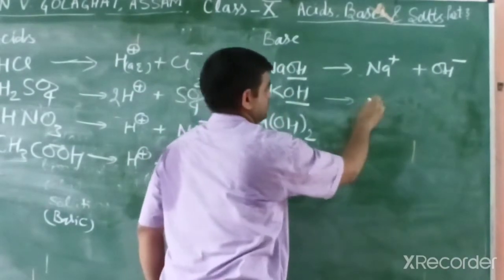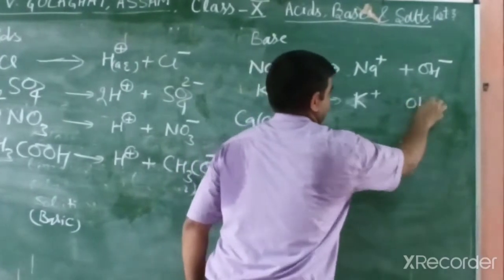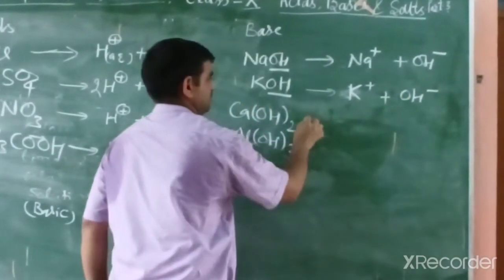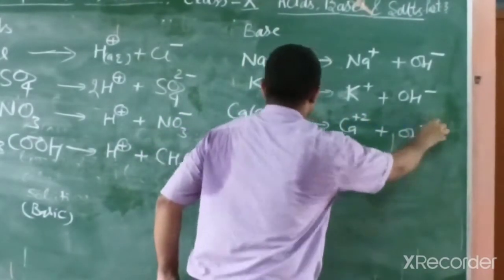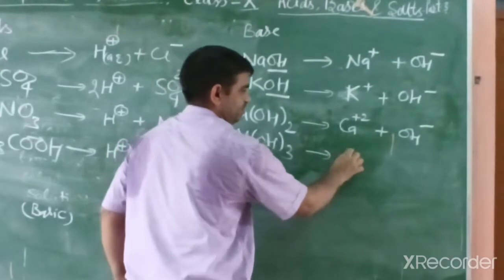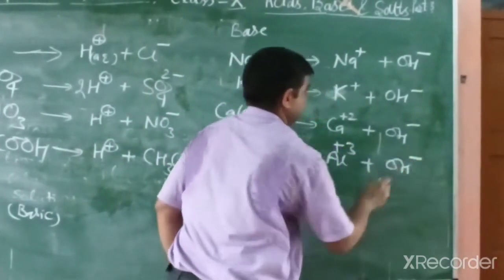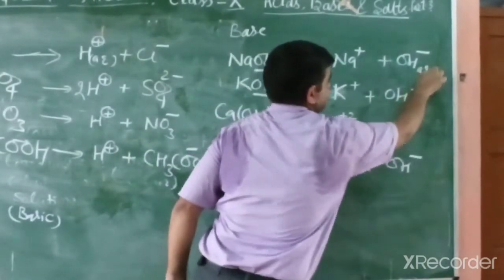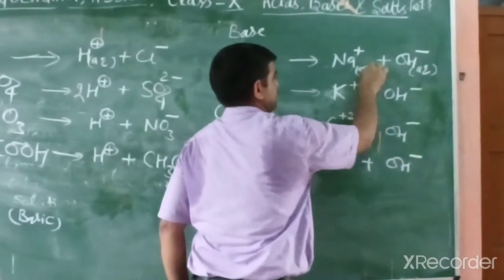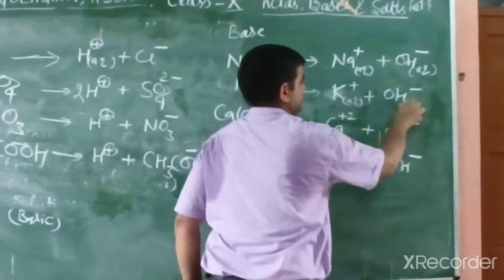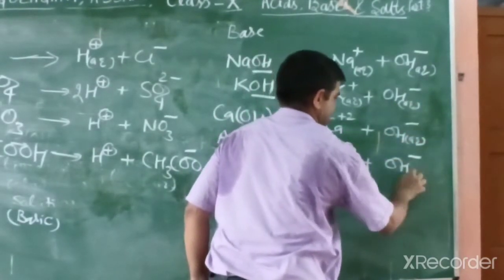This dissociates into potassium and hydroxyl ion, and this changes into calcium and hydroxyl ion. This changes into aluminium and hydroxyl ion. But all the ions we write as aqueous. We have to write the symbol aqueous when dissolved in water. This is how we write it.